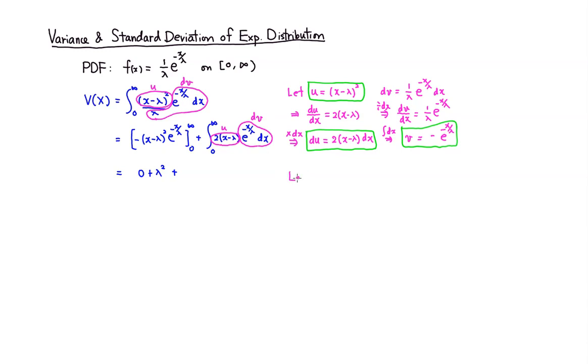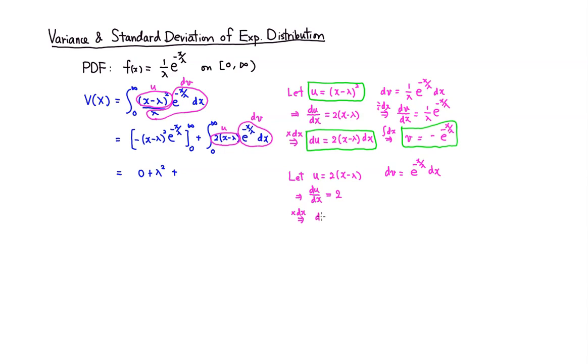I should have used a different color maybe, right? u is equal to 2x minus lambda, dv is equal to e to the negative x over lambda dx. All right, as usual, take the derivative. du over dx is going to get you just 2, and then multiply through by dx.